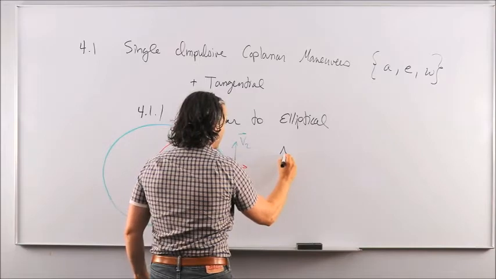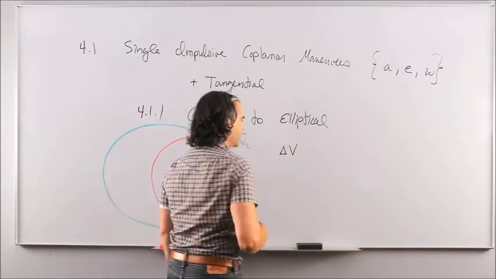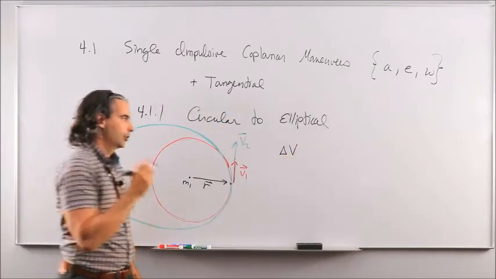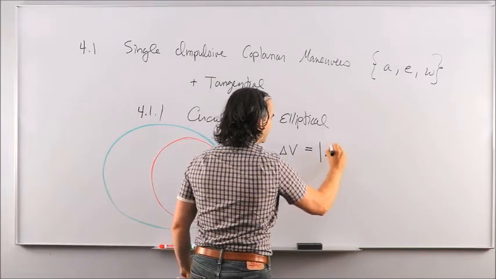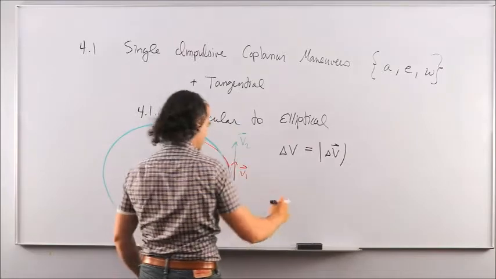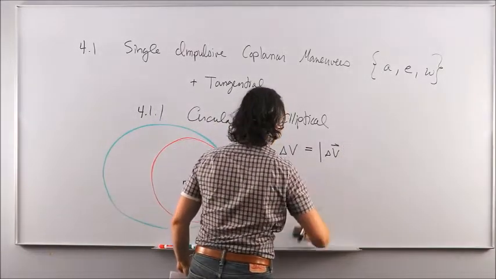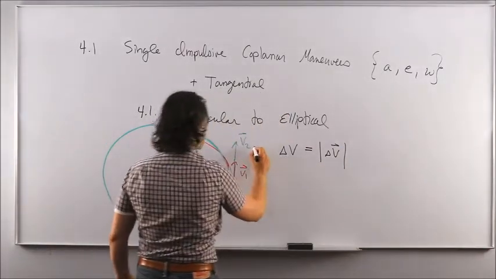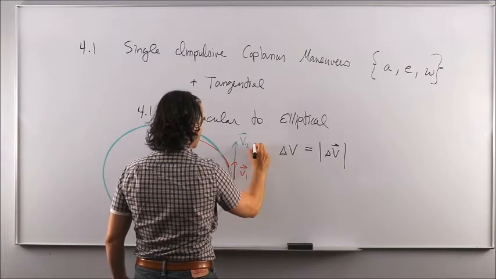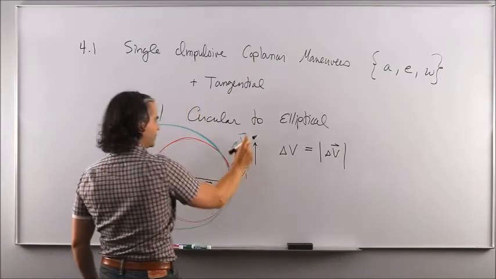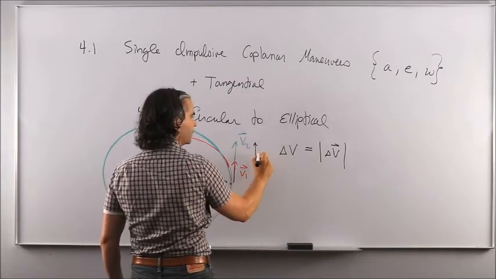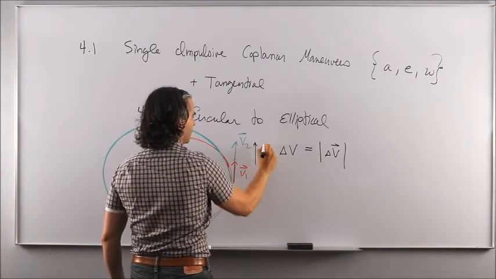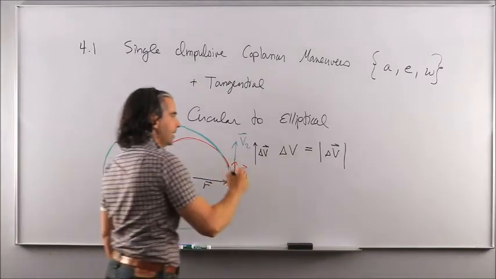Such that if we want delta V in terms of scalar, which is the length of this particular vector, right? Delta V vector would be the difference between V2 vector, which is larger than V1 vector, V1. So like this. Then this again needs to be positive.